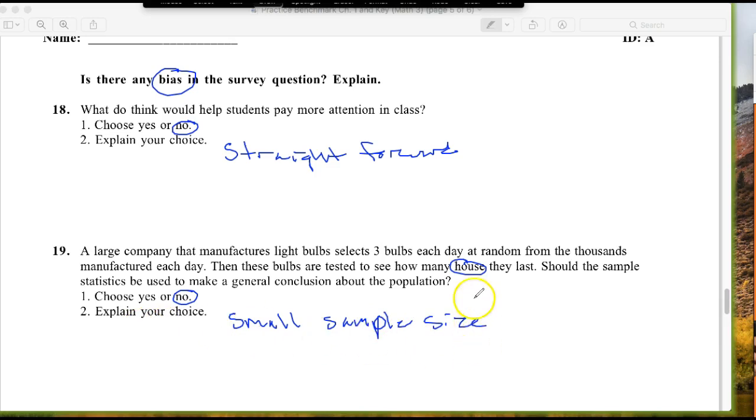And it might not accurately represent the thousands of light bulbs they manufacture each day. They might just have picked 3 good ones. If they manufacture, say, 10,000, maybe they want to pick a few more than 3 to test. So I'm going to say no, the sample size is pretty small.